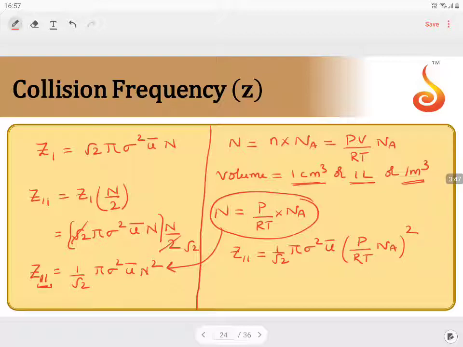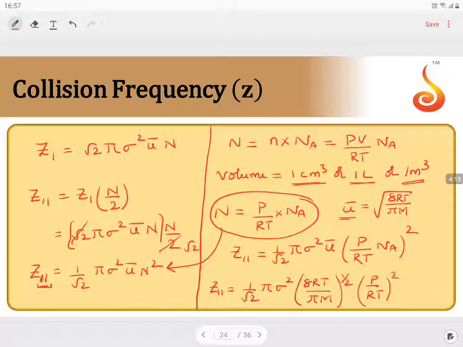We have the formula of average velocity, u bar is root over 8 RT by pi m. Substituting this also, I get Z11 equals 1 by root 2 pi sigma square into 8 RT by pi m whole power 1 by 2, into P by RT whole power 2 into Na whole square.